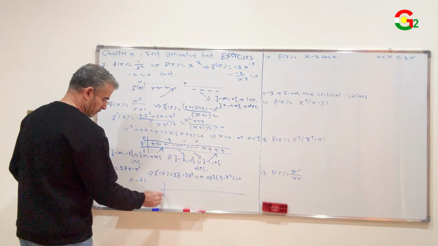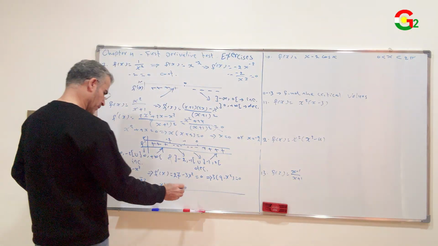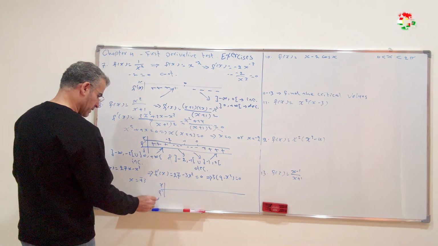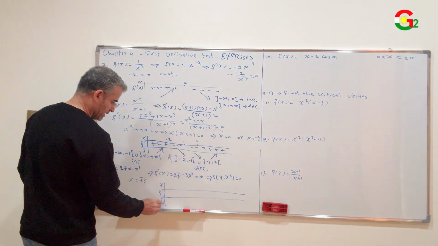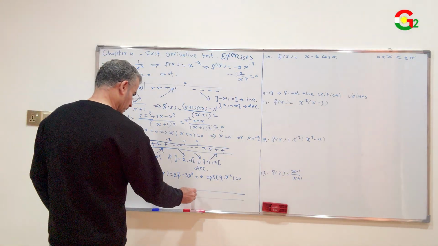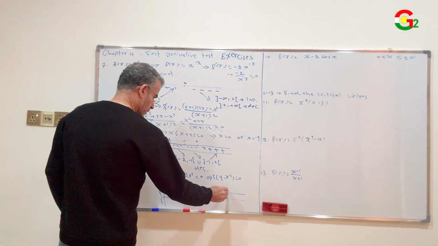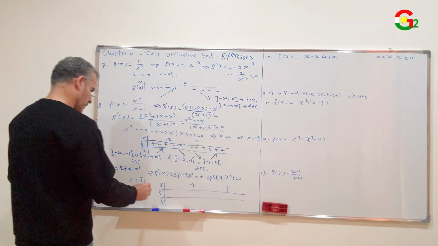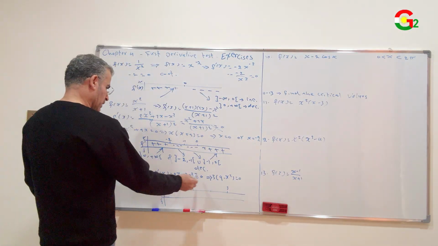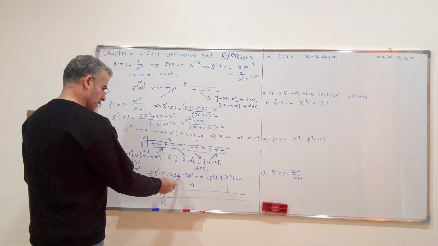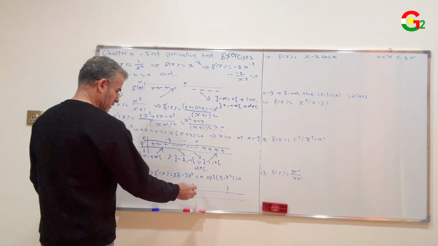Then make a table of critical points, the sign of the derivative, and the intervals of increasing and decreasing. Here it's negative 3 and 3. When x is 0, between negative 3 and 3, the derivative of the function is positive, 27 minus 0, positive.